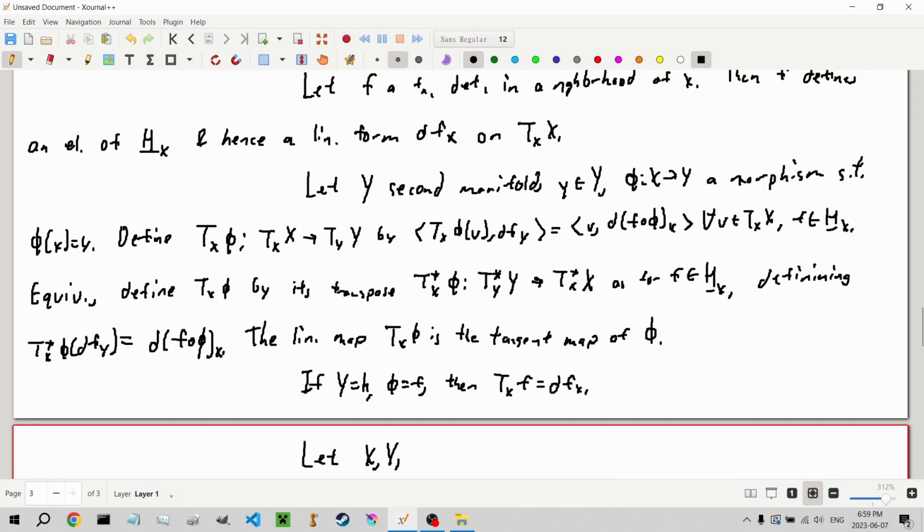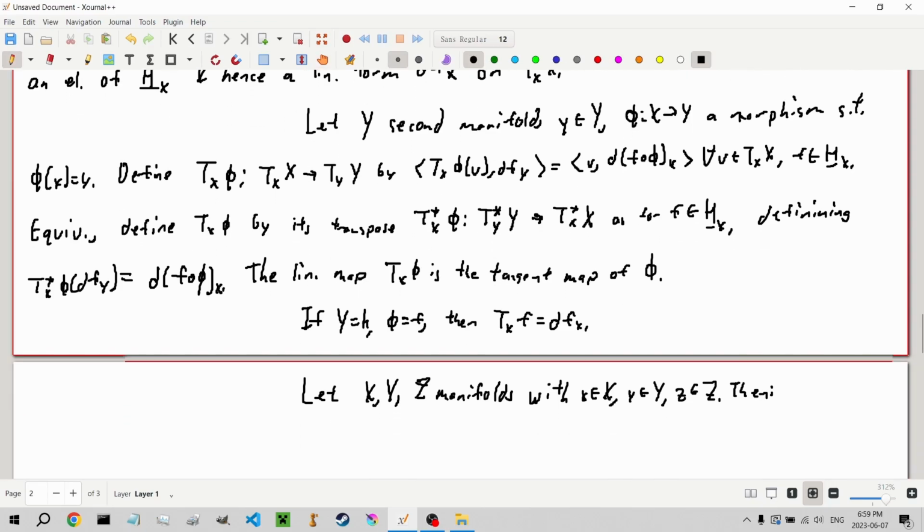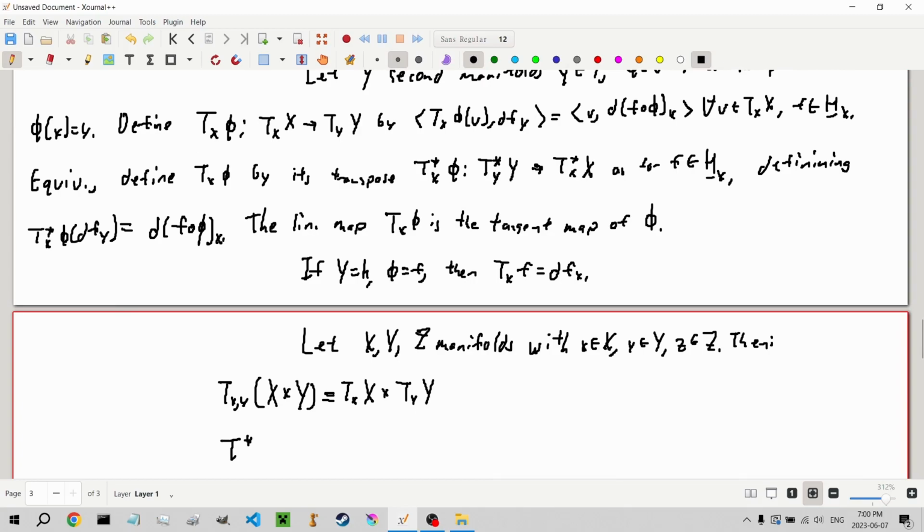So we're going to let X, Y, and Z be manifolds, with x in X, y in Y, and z in Z. Then, first off, the tangent space at (x, y) of X times Y is equal to the tangent space at x of X times the tangent space at y of Y. And likewise, the cotangent space at (x, y) of X times Y is the product of the cotangent spaces.